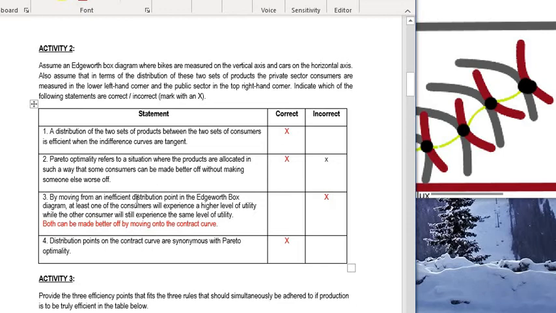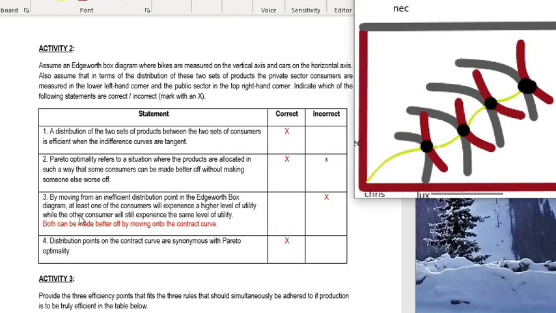And then the next one says, by moving from an inefficient distribution point in the Edgeworth box diagram, at least one of the consumers will experience a higher total utility, while the other consumer will still experience the same level of total utility.